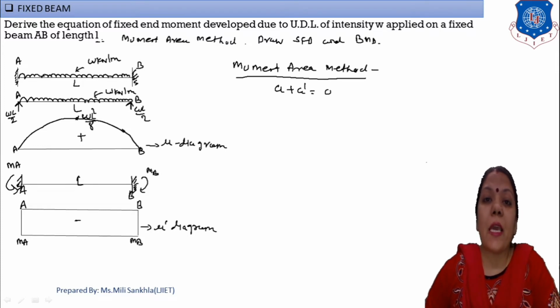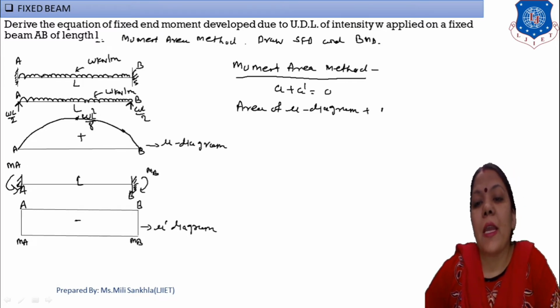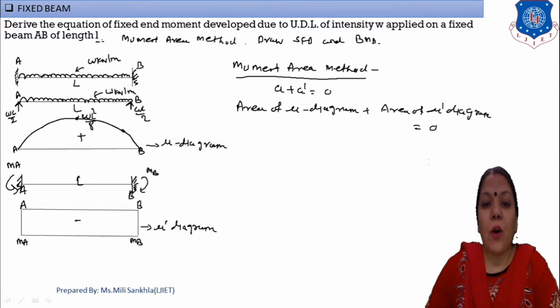What is A? A is equal to the area of the mu diagram. Second, the area of the mu dash diagram is equal to 0.